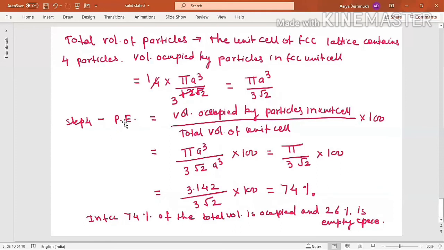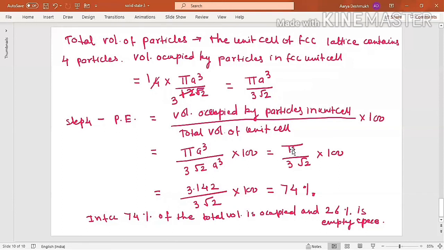So now find out the packing efficiency. Packing efficiency equals volume occupied by particles in unit cell divided by total volume of unit cell, multiplied by 100, because we want it in percentage. So here substitute the values. We have the volume occupied by particles in FCC unit cell, pi a cube divided by 3 into root 2, and total volume of unit cell, that is of course a cube, length into breadth into height.